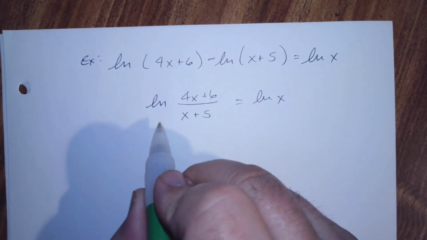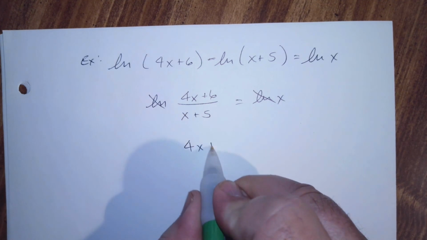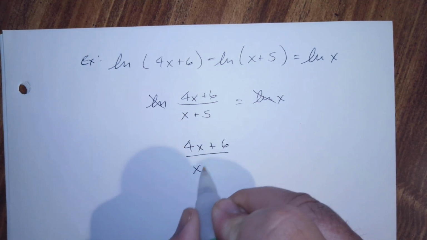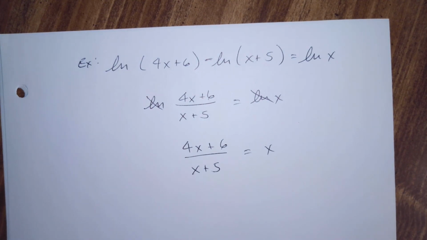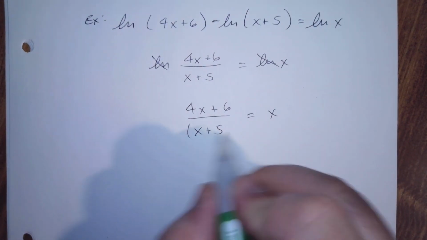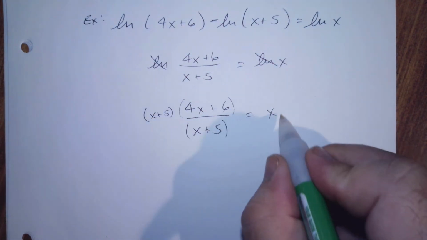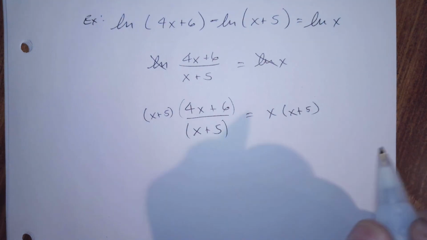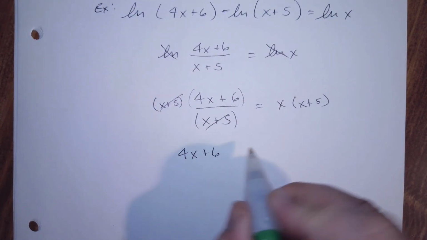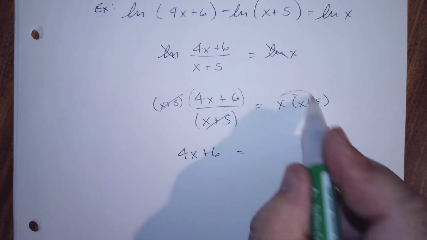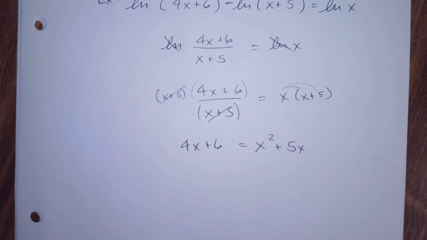Since we have the same logs on both sides, these have to be equal. So we just drop the logs. Multiply by the common denominator. We got 4x plus 6 equals x squared plus 5x.